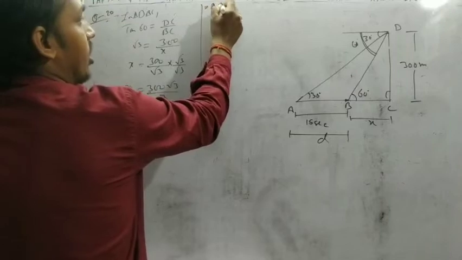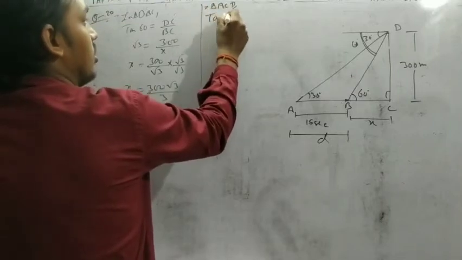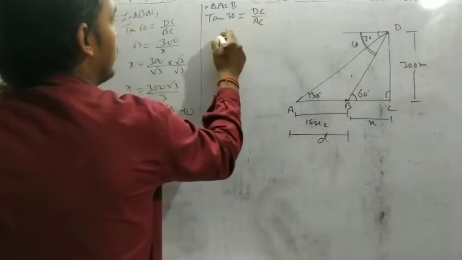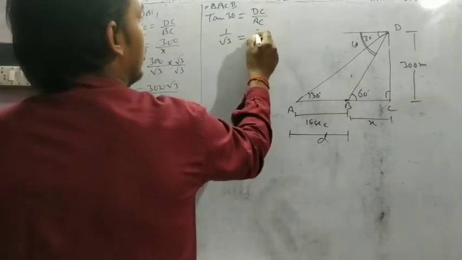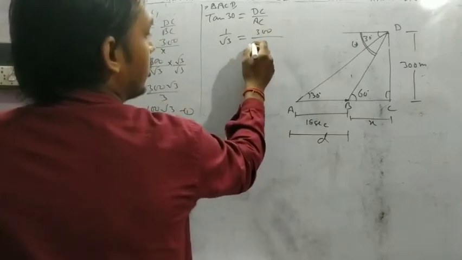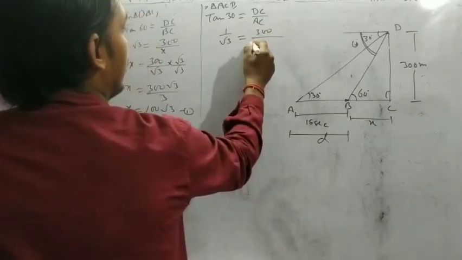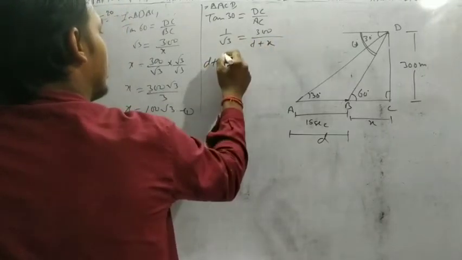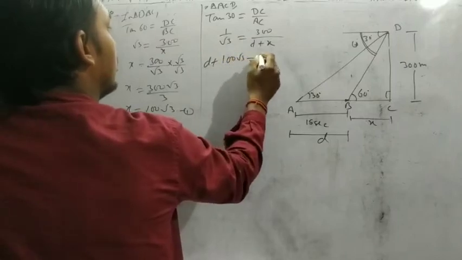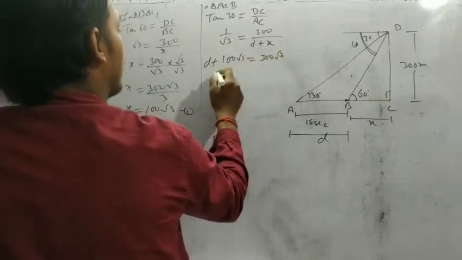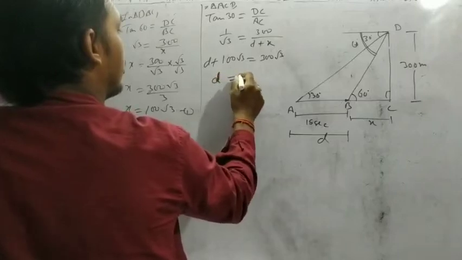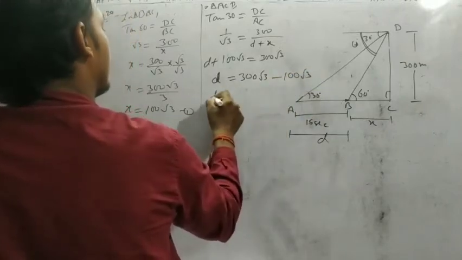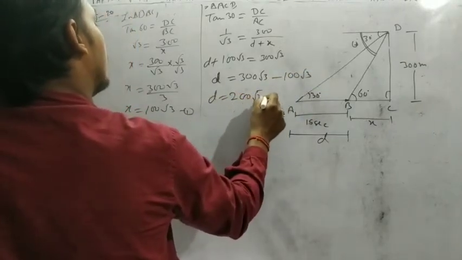Then in triangle ACD, tan 30 is DC upon AC, 1 by root 3, 300 upon AC, where AC is D plus x. Multiply D plus x by 100 root 3 is 300 root 3. D is equal to 300 root 3 minus 100 root 3, 200 root 3 meter.